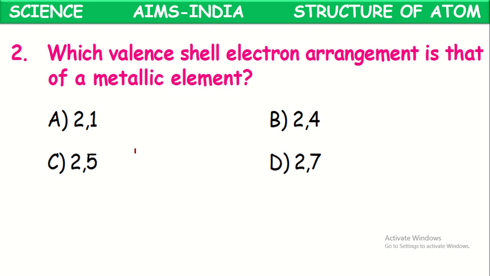Observe the configurations given: only this 2, 1 represents a metallic element because it has only one valence electron. Elements with 4 or more electrons in the valence shell come under non-metals. So these three are non-metals, only this is the metallic element.